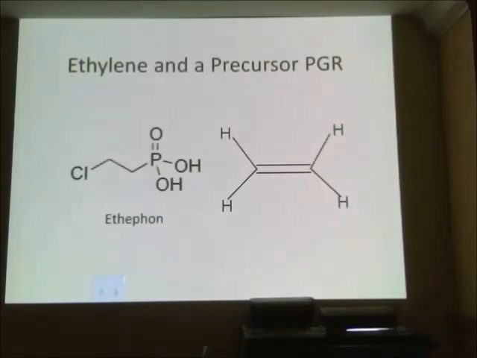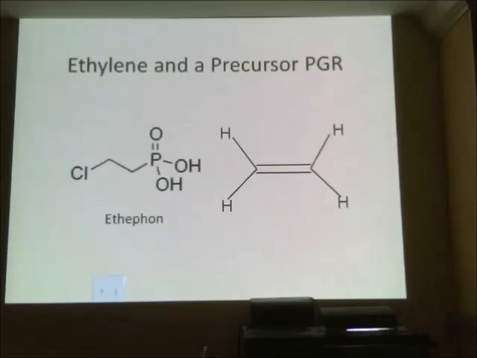Ethylene is a very unusual plant growth regulator because it's the simplest one, and it's also the only one that is a gas at anything that approaches ambient temperature. To liquefy it, you'd have to go down to probably below minus 100 Celsius. So this is a gas.